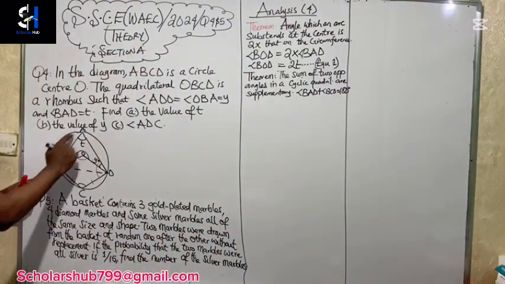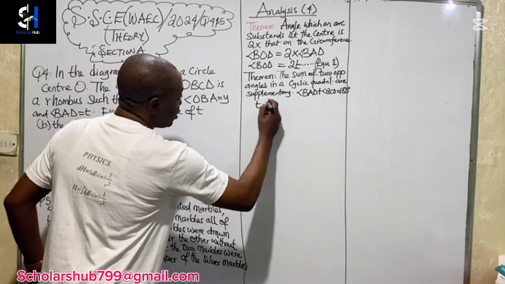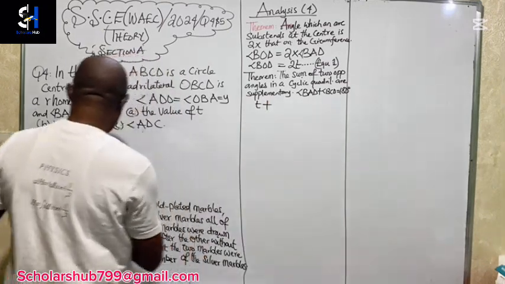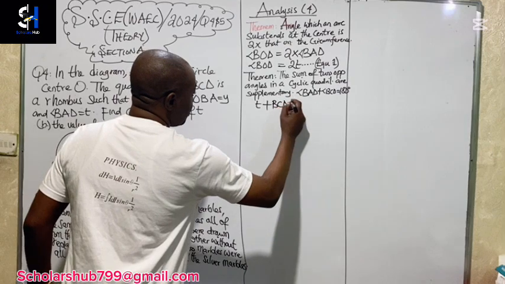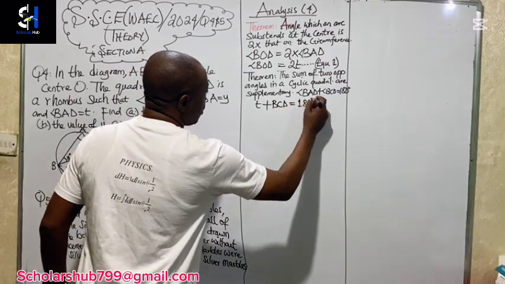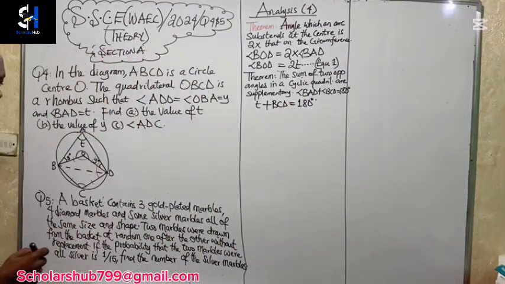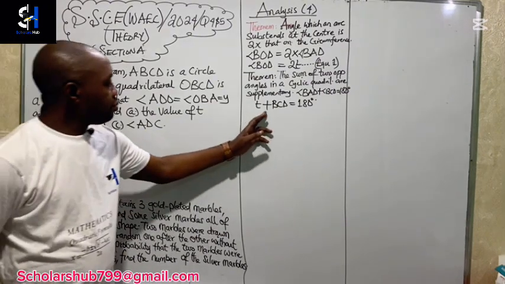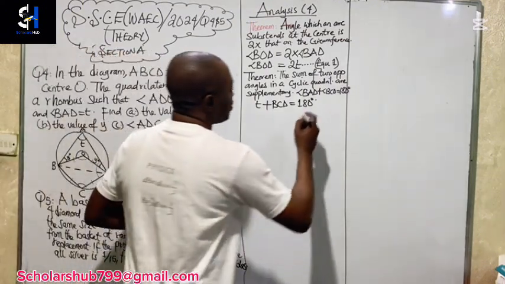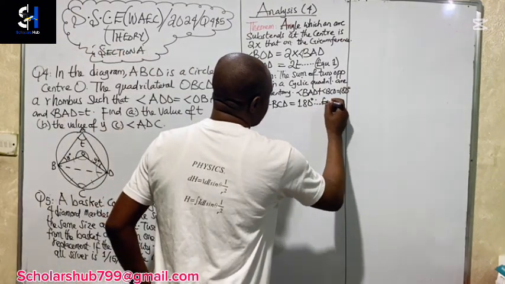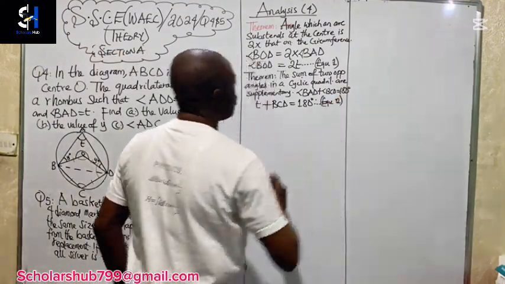Now we know that angle BAD is T. So T plus angle BCD equals 180 degrees. So this becomes the second equation, that will be equation 2.